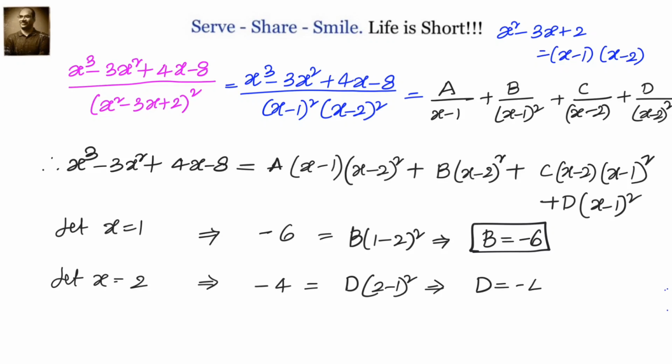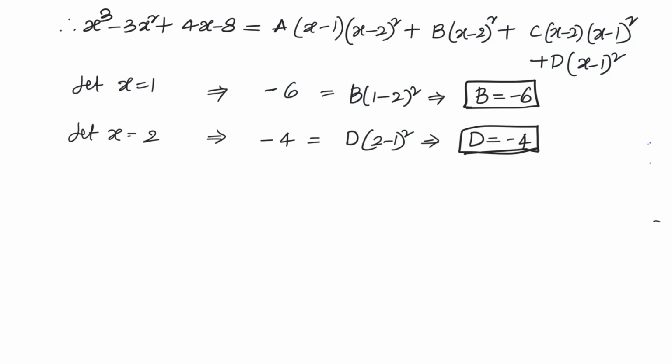We need to get a and c values. For that we have to compare the coefficients of x cube, x square, or x or the constant term, any two of them. So let us go back and expand whatever we have written earlier, so that when we compare the coefficients of x cube and x square, it will be easy for us.